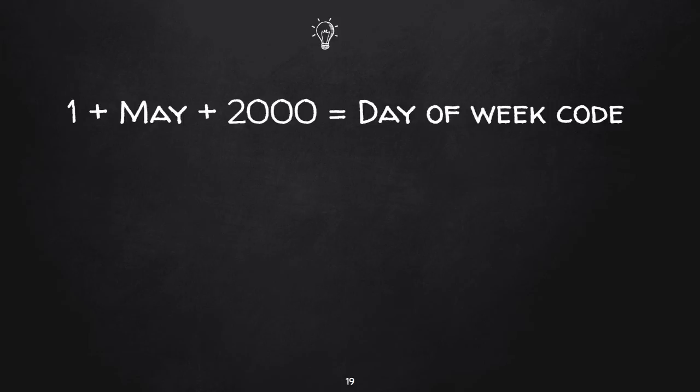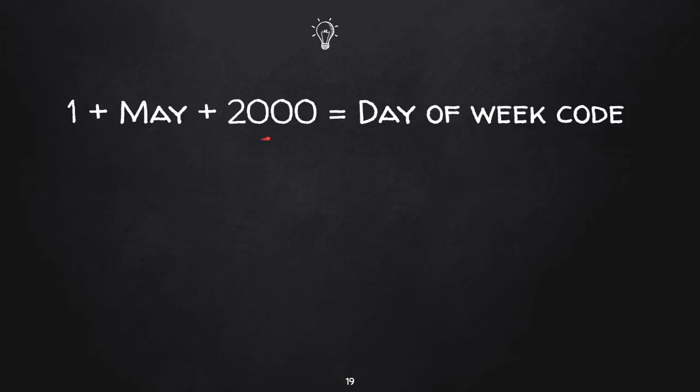Here we have used our simple basic formula for calculating the day of the week code. Date plus month code plus year code is equal to day of the week code. The date is already given, which is 1. The code for month May is 0, remember from the mnemonic.